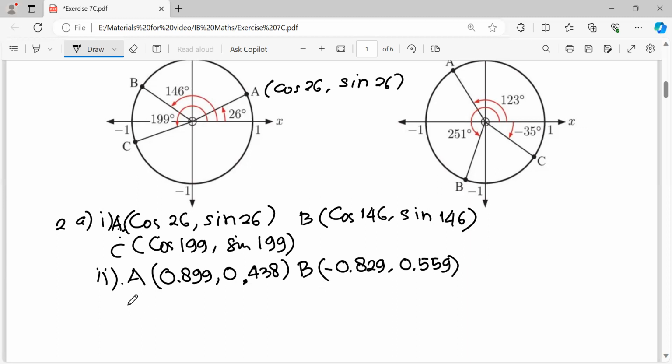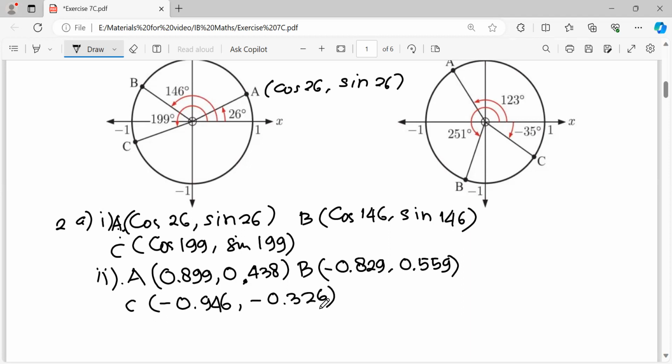C: cosine 199 is minus 0.946, comma, sine 199 is minus 0.326.